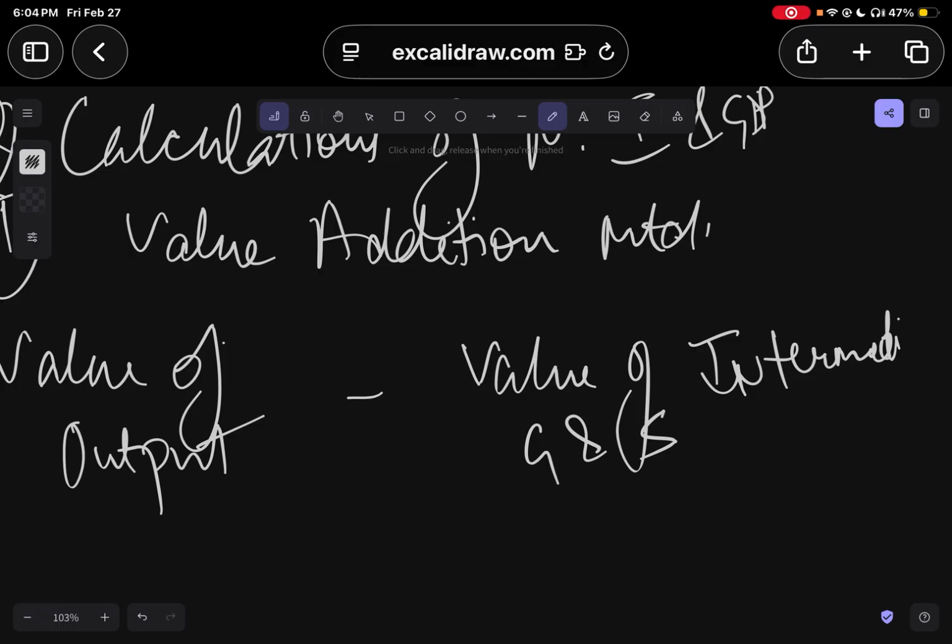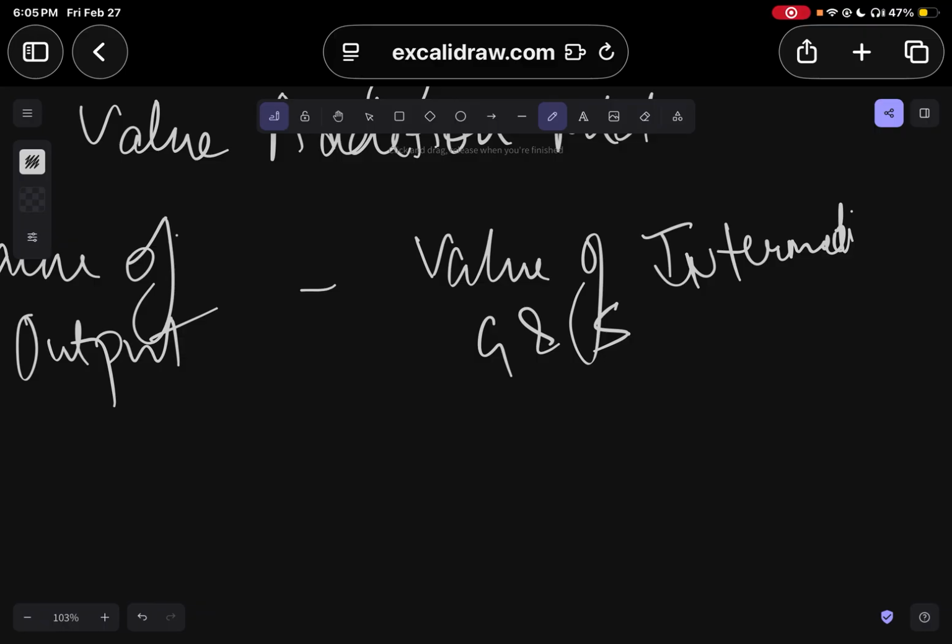If a firm do not use intermediate good for more than a year, then it will be calculated as inventory investment.